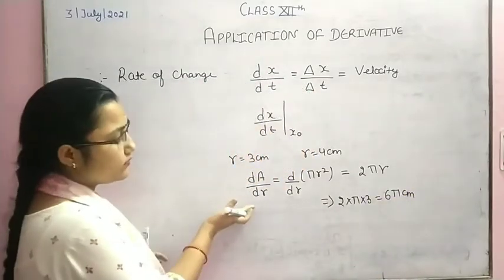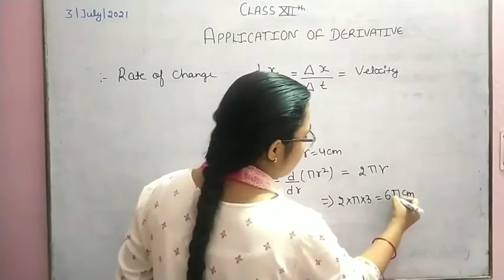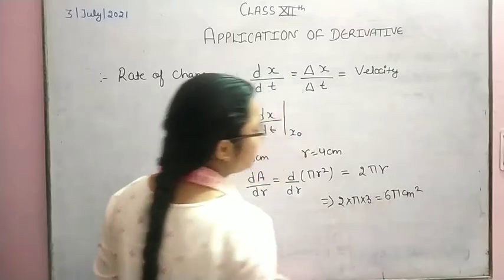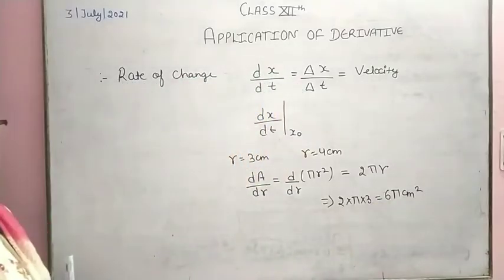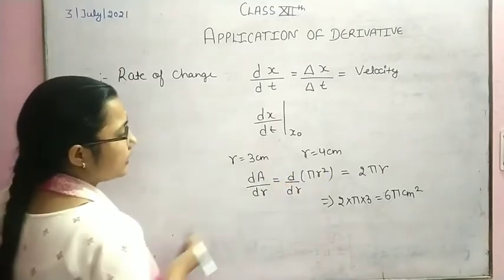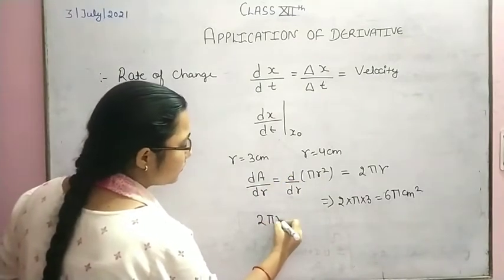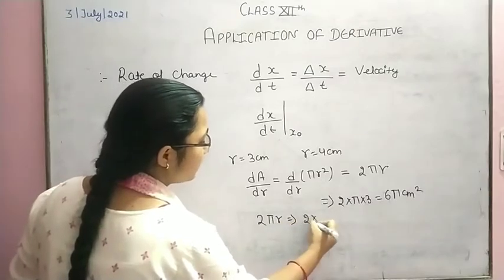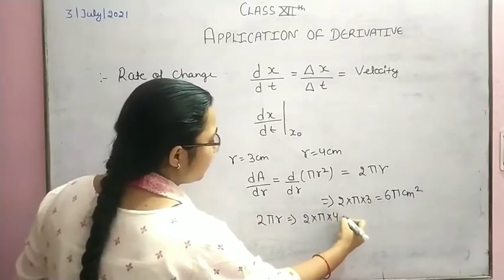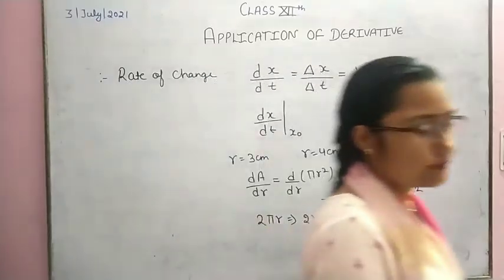So the rate of change of area we get in centimeter square. Now the same for 4 centimeter. Just put the value in place of r, 4. We get 8 pi here.